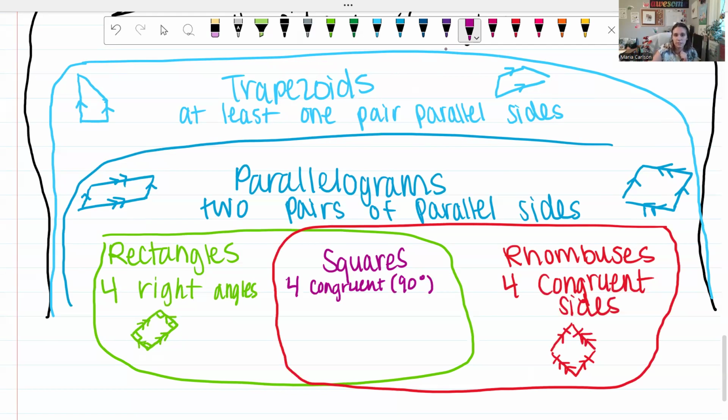So four congruent 90-degree angles and four congruent sides. So here is my square. It has all of those right angles. So those angles are all congruent. These sides are all congruent. And each set of opposite sides also is parallel.